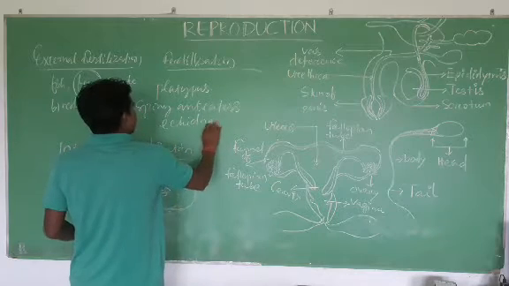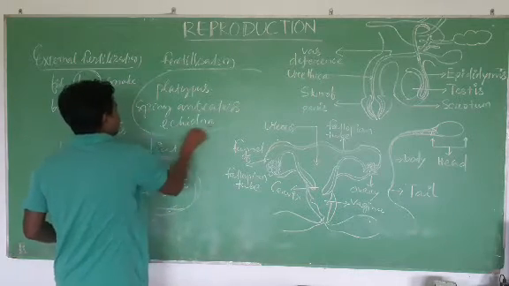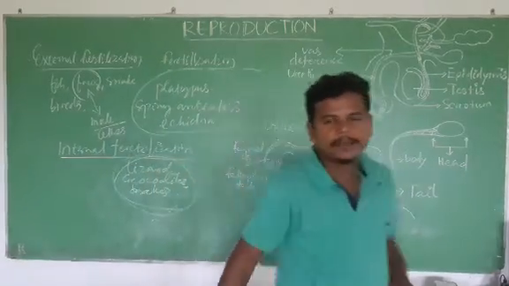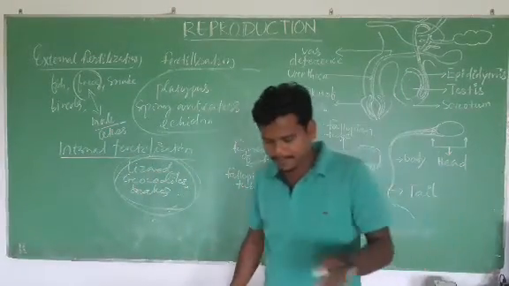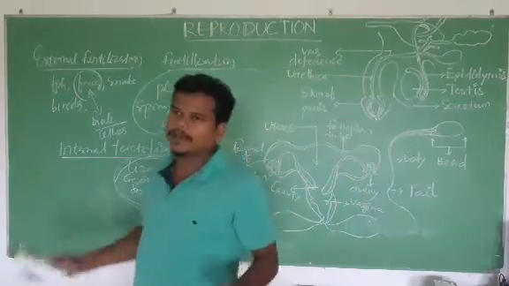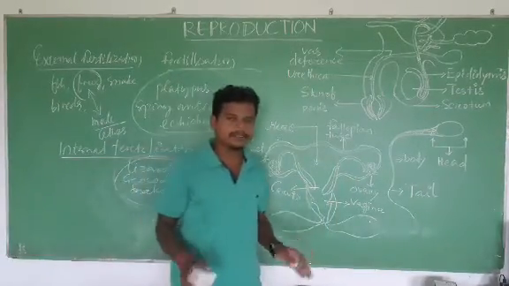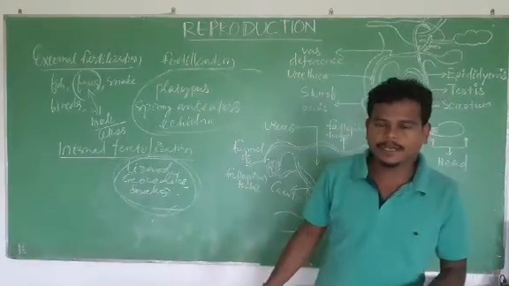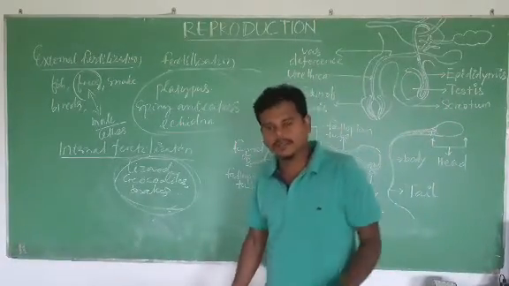These are also exceptions among mammals. They also feed their babies. This is all about the animals, or in case of mammals, how the fertilization occurs, their reproduction, and how they nourish their babies also.